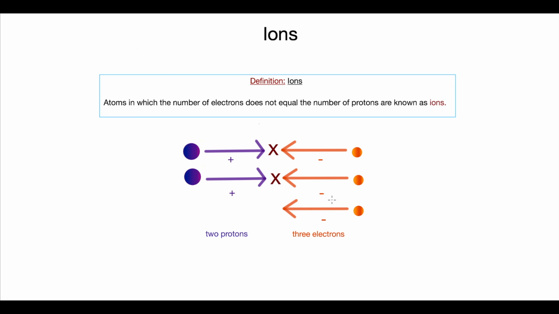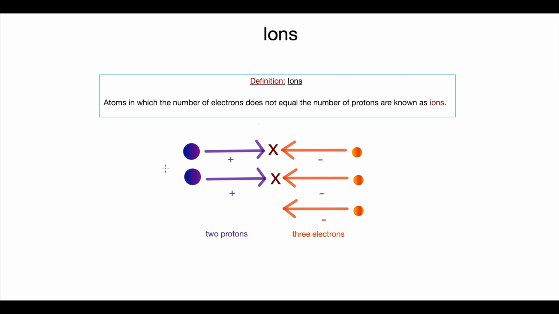This means that we would have to check if the atom has more protons or more electrons. To do so, we count the number of electrons and the number of protons. Here we see that we have three negatively charged electrons and two positively charged protons.